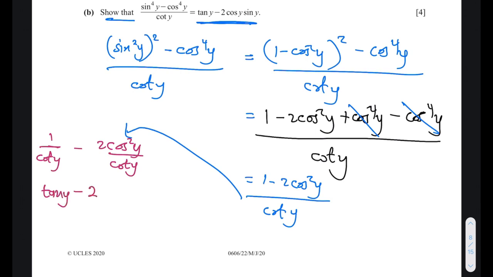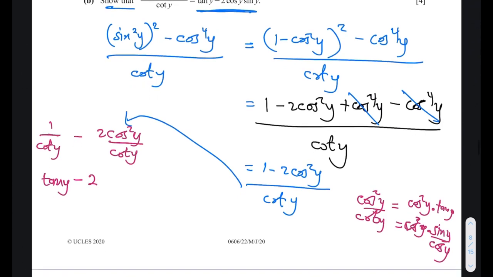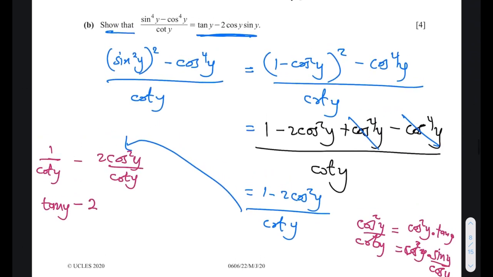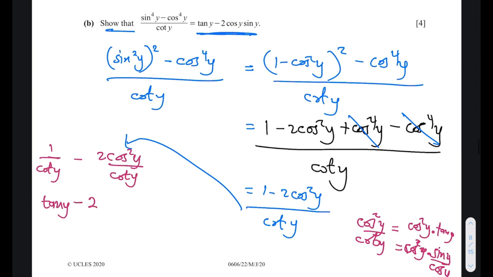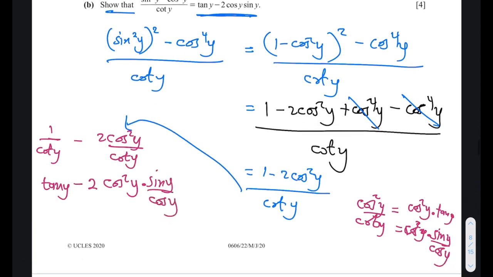Then this is 2. But check something out here. If I have cos square y over cot y, basically the cos square y stays. 1 over cot y is the same as tan y, but tan is the same as sine over cos. So cos square y times sine y over cos y.